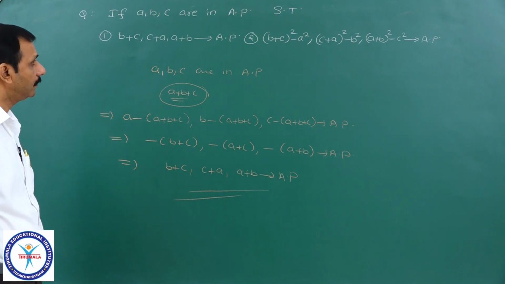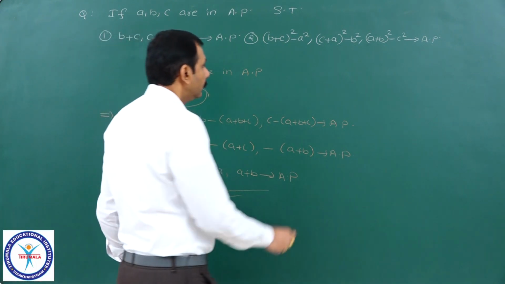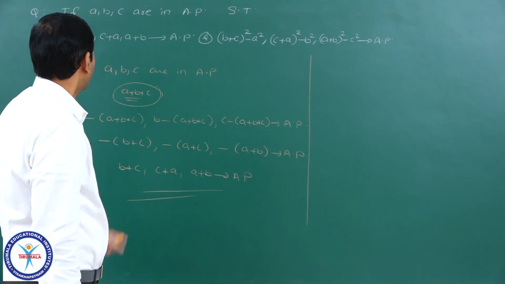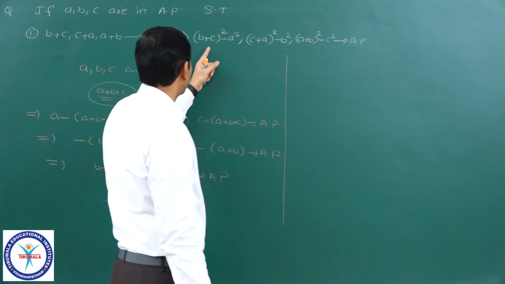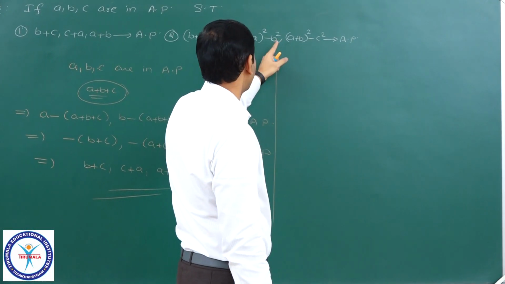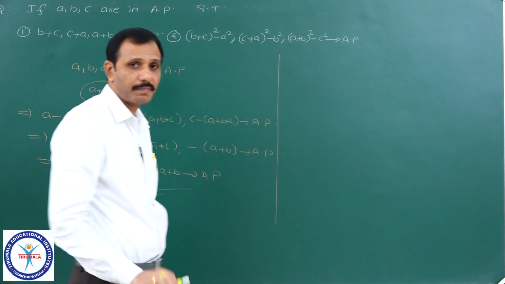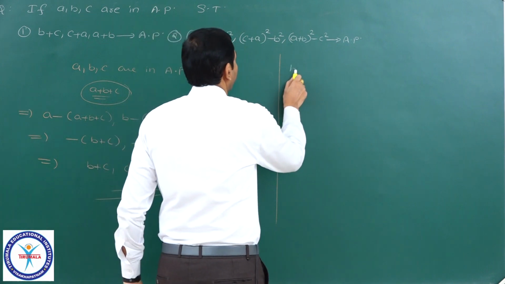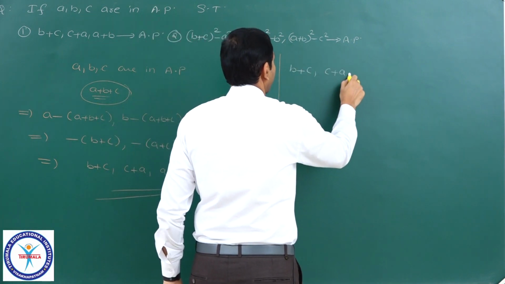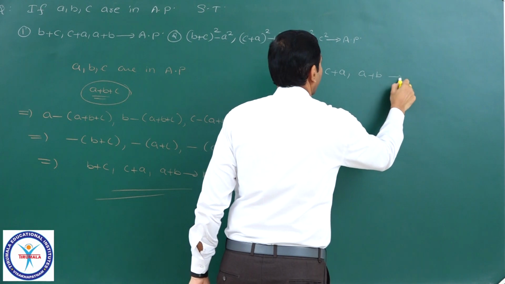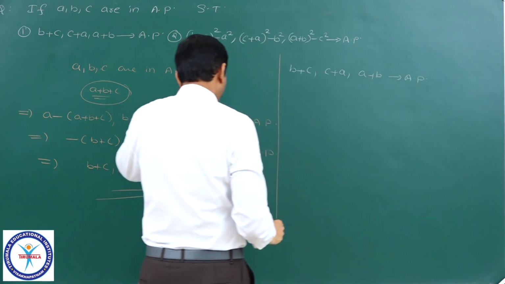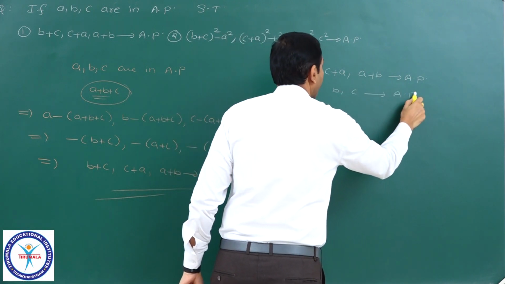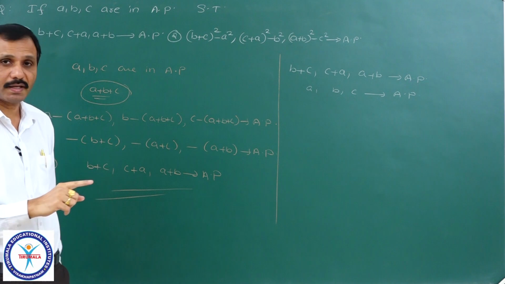Now coming to the second one. Observe this. When A, B, C are in AP, we have to prove that B plus C whole square minus A square, C plus A whole square minus B square, A plus B whole square minus C square are in AP. From the first one, when A, B, C are in AP, B plus C, C plus A, A plus B are in AP, I got. And of course, A, B, C are also in AP only. And one more point here.